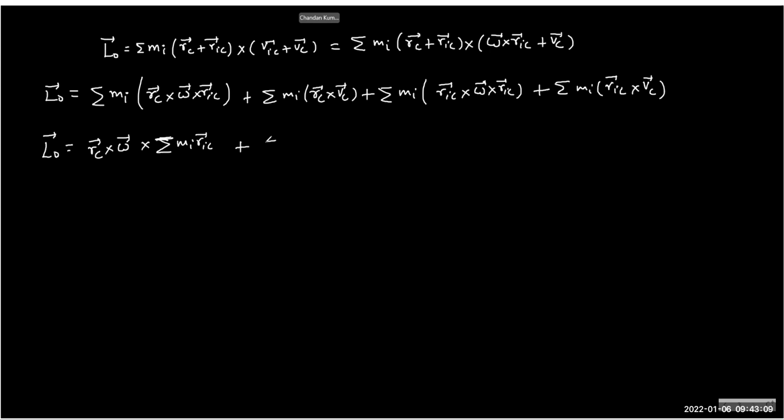Similarly, here you can write summation of mi, which is the only variable, and the rest is a scalar, we can just write like this. The third term is similar, summation of mi and the rest is outside.